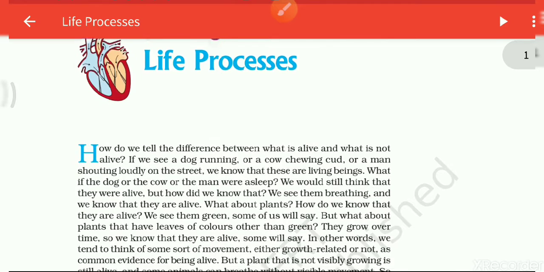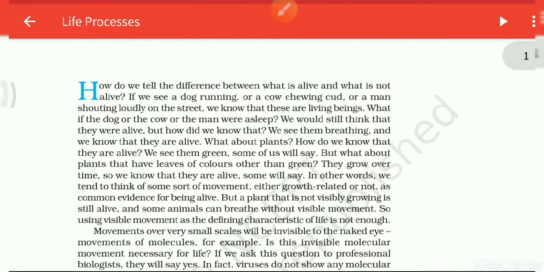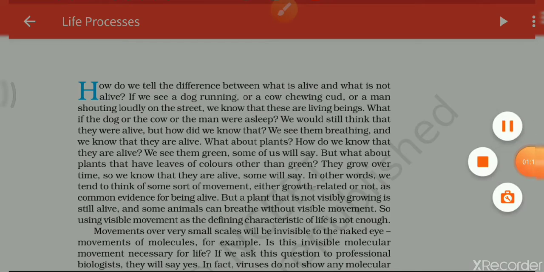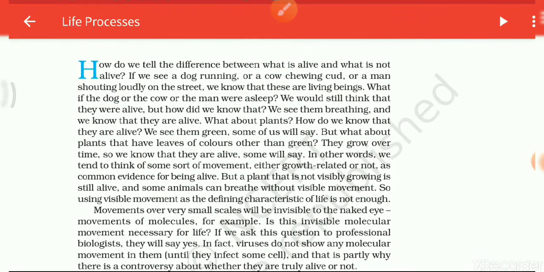Now let's proceed to this line from here. This one is your first paragraph. How do we tell the difference between what is alive and what is not alive?